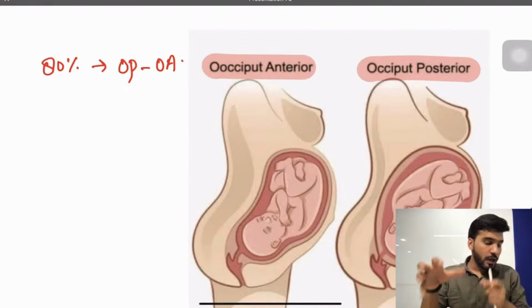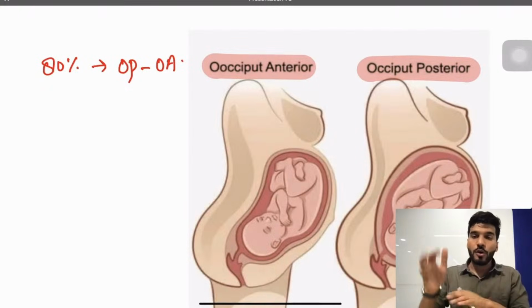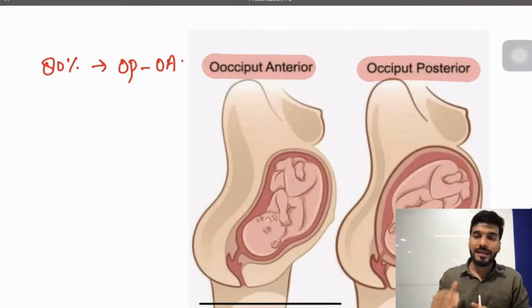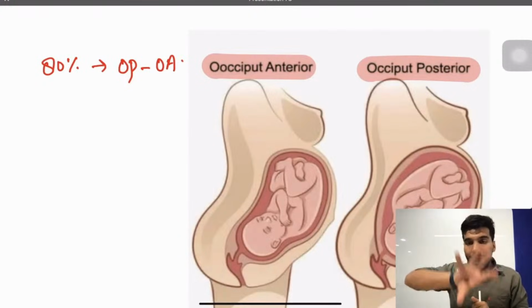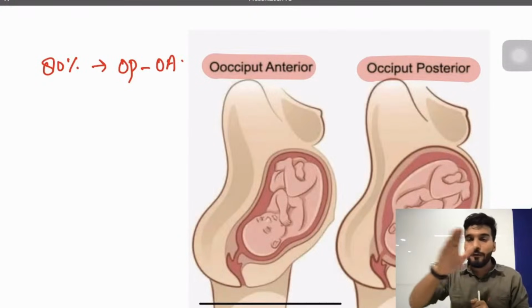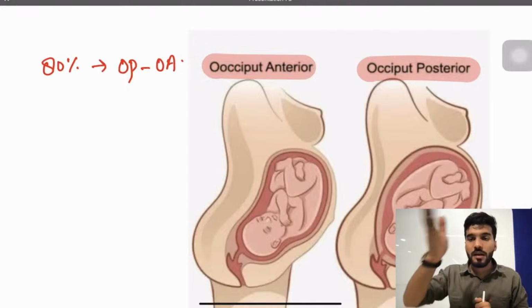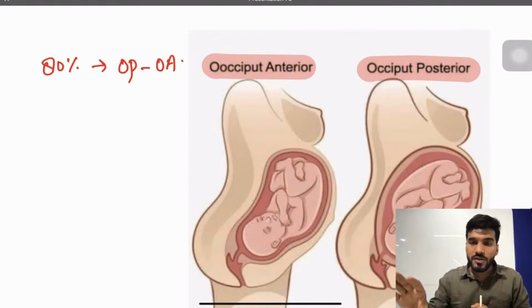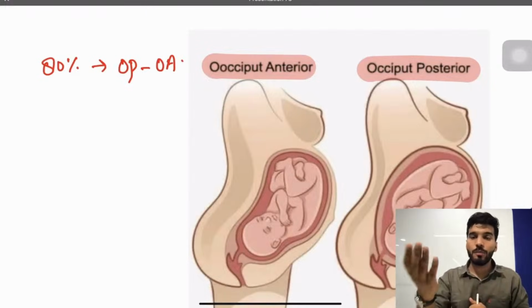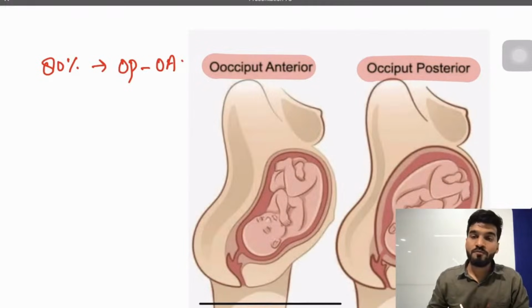So can I say that when there is a rotation from the occipito-posterior to the occipito-anterior, that means the type of pelvis is a very nice pelvis. Why? Because it's a rounded cavity. There is no obstruction, there is no arrest, there is nothing. Simply from occipito-posterior it rotates to occipito-anterior. Such type of pelvis is the most common type of pelvis, called gynecoid pelvis, because it's a rounded cavity.